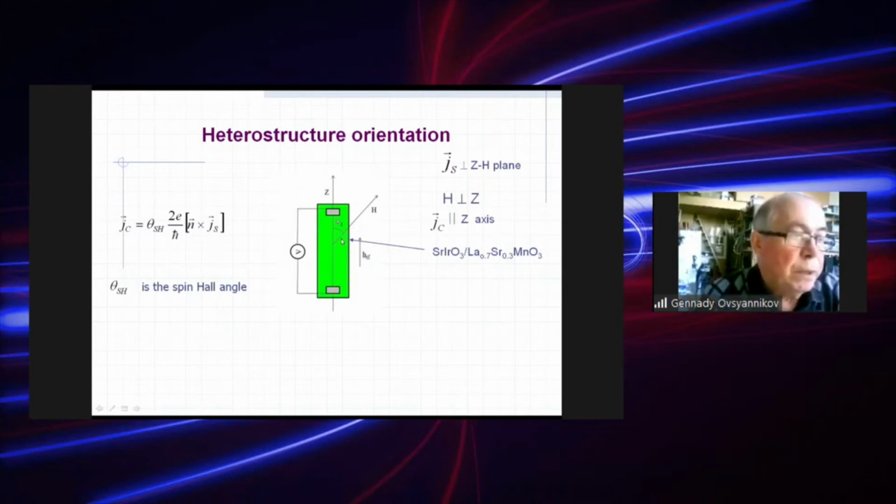We should have a proper orientation of the external field, microwave field, and current. If we have the two orientations proper, we have a dependence on the angle phi.